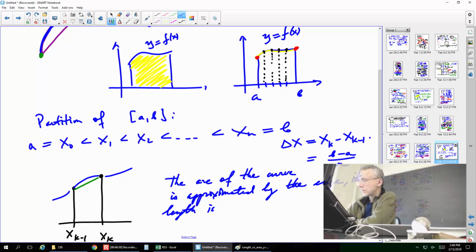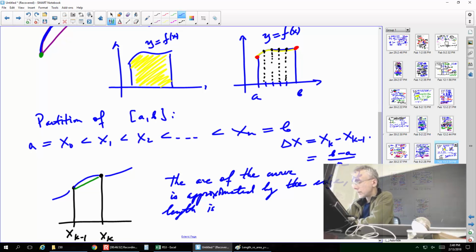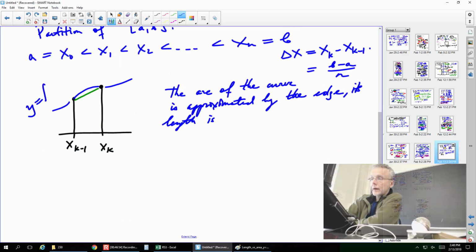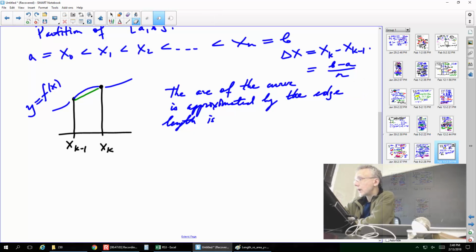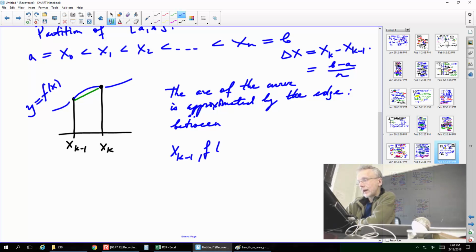and its length is, well, let's write out the formula. So this is y equals f of x. Well, let me first say what it connects. This edge is between one point, which is xk minus 1, f of xk minus 1, that's the first point, this one.